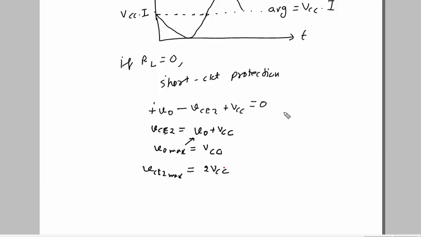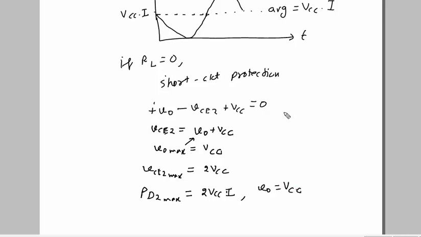Hence the PD2 will be VCE2 into IC, and IC is always I here. So the power dissipation in Q2 maximum will be VCE2 maximum into I, so it is 2 VCC into I. And this also occurs when V naught equals VCC.